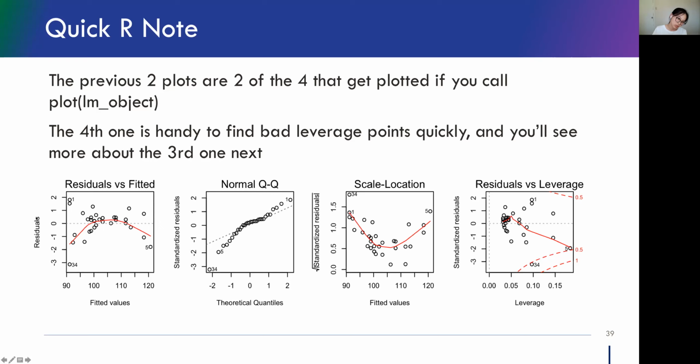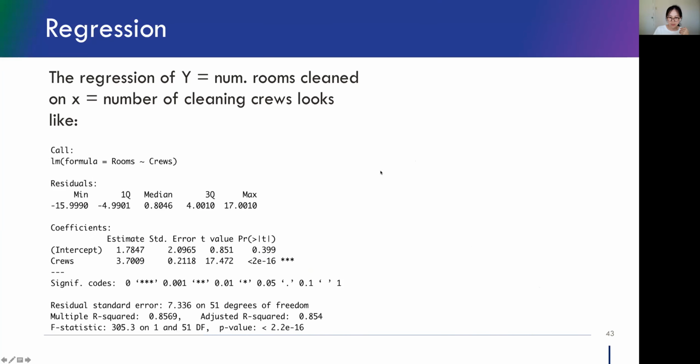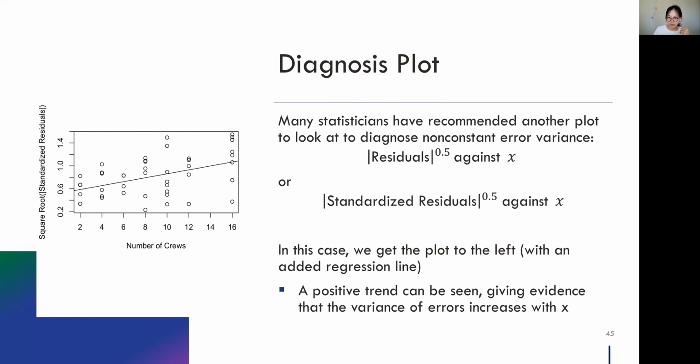We have the residuals plotted here, and we also have the square root of the standardized residuals plotted here when you do this plot object. Most people look at this one, but they think this one is more proper to look at.